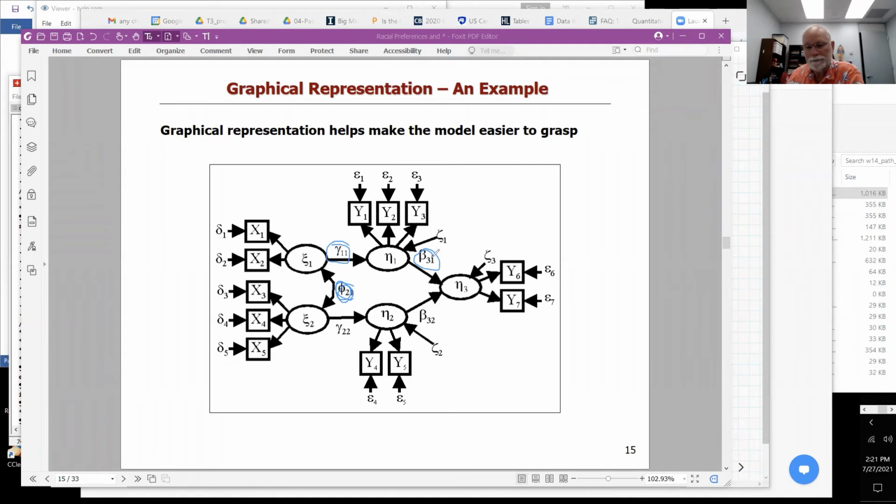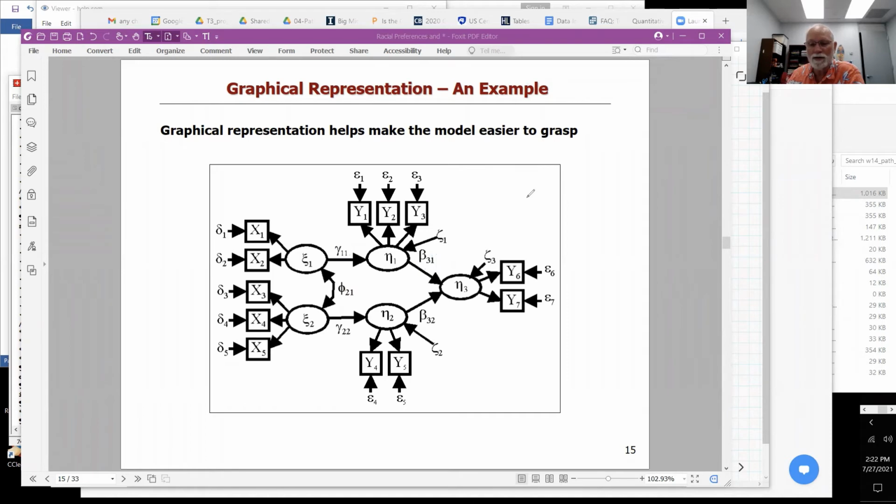The gamma and the beta are interpreted very similarly. The difference in the notation is to distinguish how in the overall full model they differ. Eta 1 is sometimes a predictor and sometimes a dependent variable. Psi 1 is only ever a predictor.